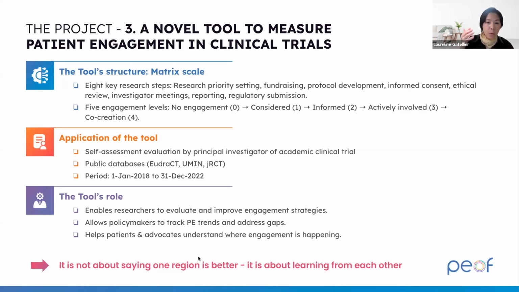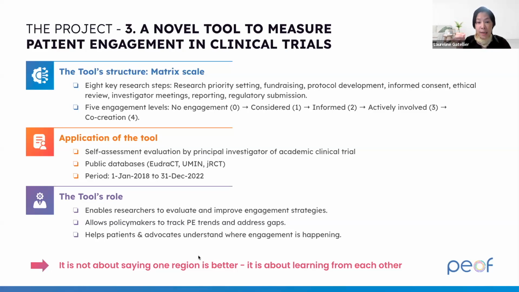So what did we do? We contacted principal investigators of academic clinical trials, asking them to make a self-evaluation of their patient engagement for specific clinical trials. That was in Europe and Japan. We selected these two regions. And how were the clinical trials selected?